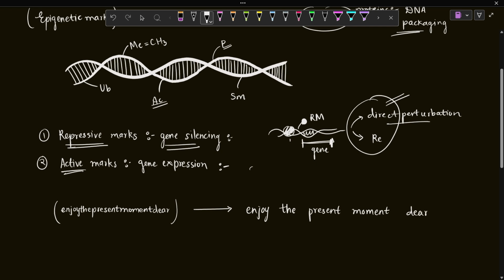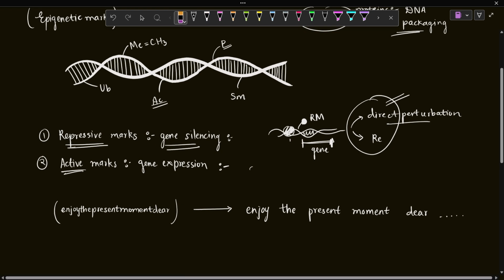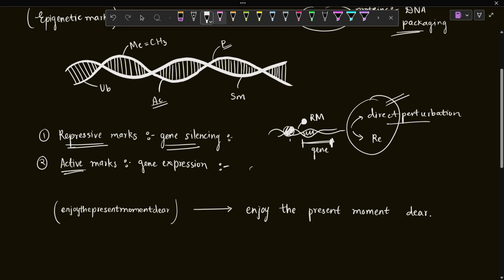Okay. Now again this somewhat makes sense, but we don't know whether this is a full sentence or whether the sentence will be in continuation. So for making sure that the sentence ends here, you have to put a punctuation mark, right? You'll put a full stop here. But now you want to say that there's a small gap, so enjoy the present moment, dear. So for the small gap, you again put a punctuation mark here.